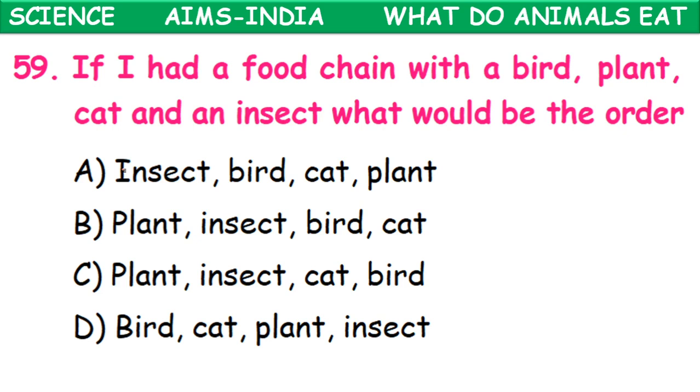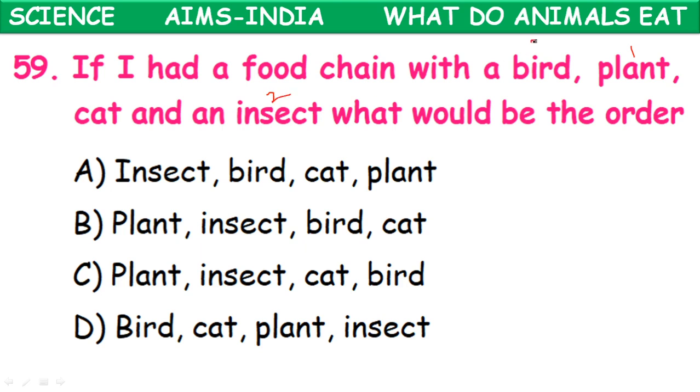If I had a food chain with a bird, plant, cat and an insect, what would be the order? Which will come first? Plant. Next, a plant eaten by insect.